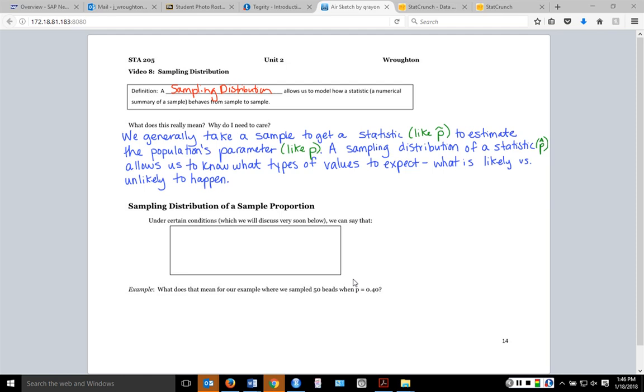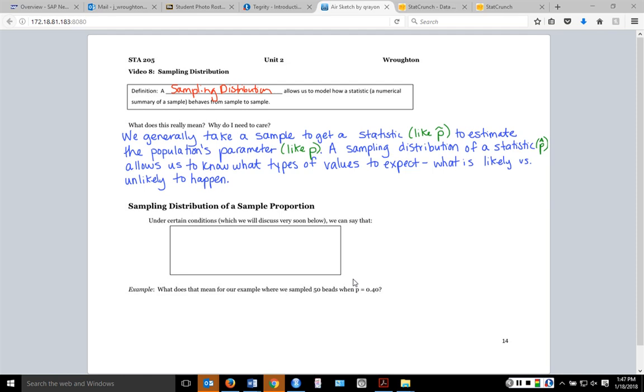That's generally my goal. Because I don't know a population parameter, I'm going to take a sample to try to estimate it. What a sampling distribution allows us to do is to model a statistic like p hat, and it allows us to know what types of values we can expect to see, so what values are likely to happen versus unlikely to happen.